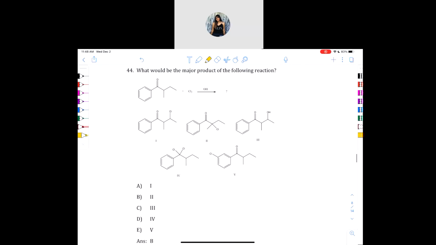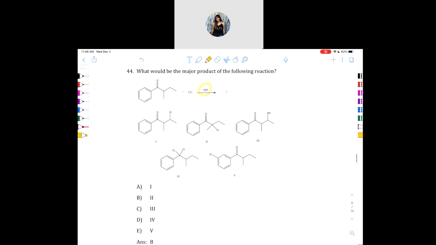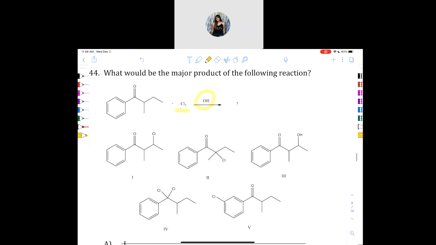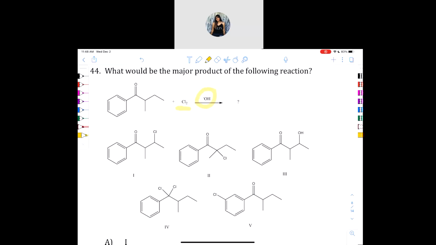Okay. I don't know why that page is there in the middle. Whatever. So we are looking for this reaction, and it doesn't tell us what reaction this is, so we have to figure it out. We have OH minus and Cl2. What kind of mechanism are we going to do? Halogenation.